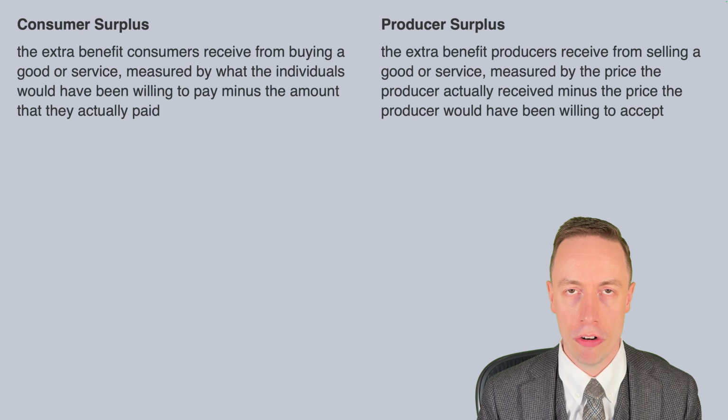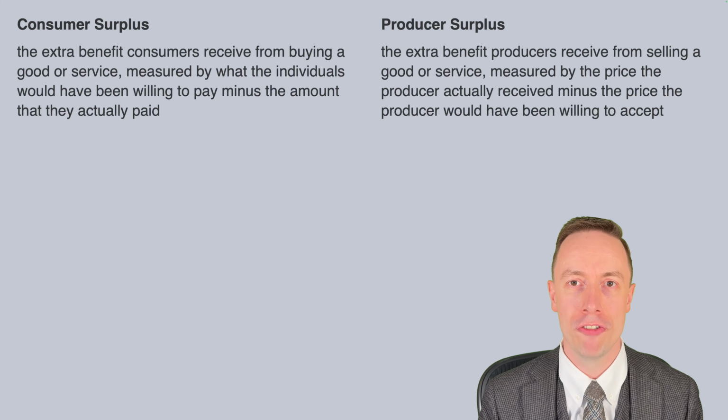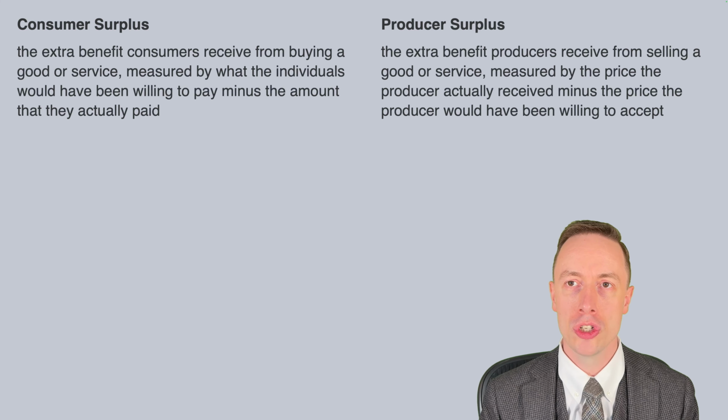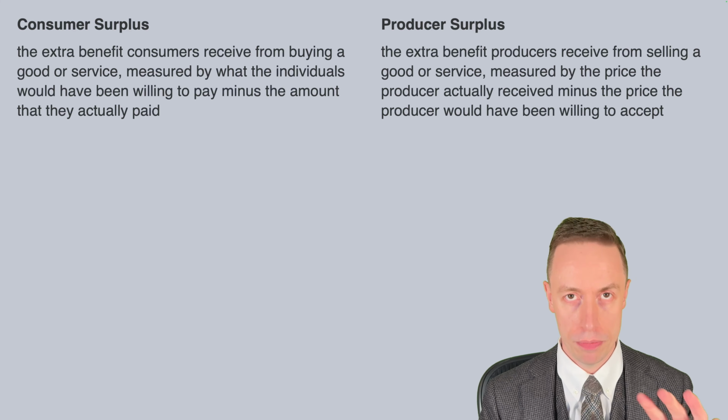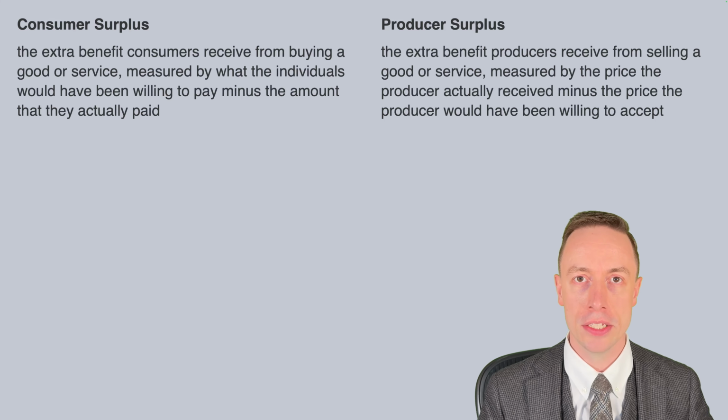Economics is the study of efficient resource allocation. And our primary measures of efficiency are referred to as consumer and producer surplus. We'll find other measures later as well.